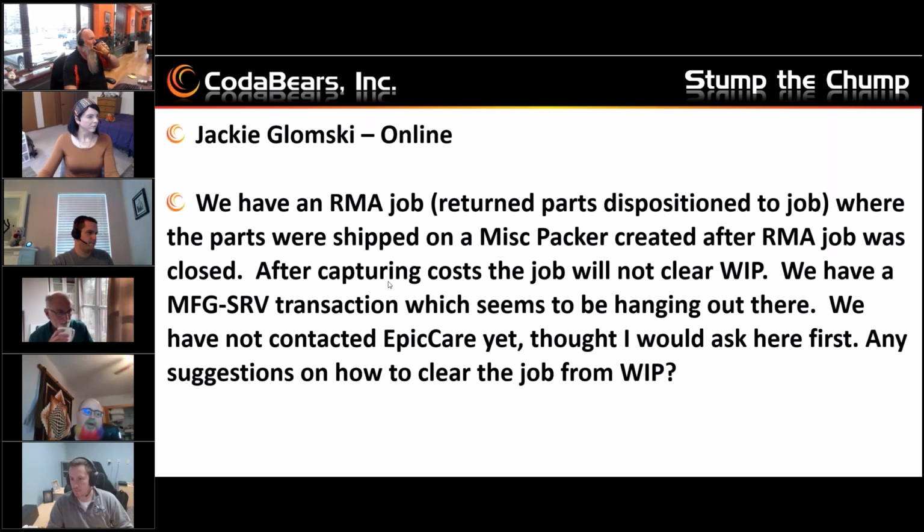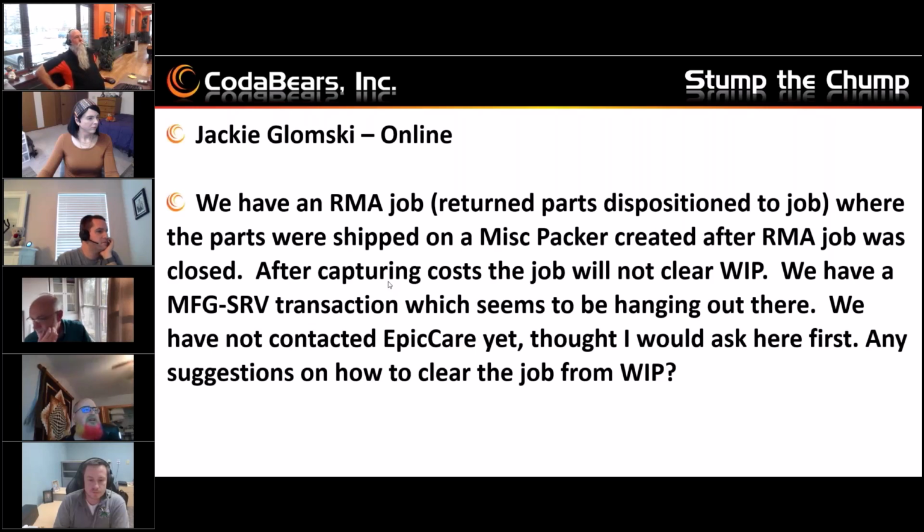With the RMA, you would probably have a replacement sales order, even if it's a no-charge order for the item, and then just ship it out on that once it comes off of the rework job. You're never shipping it as a manufacturing to service transaction.